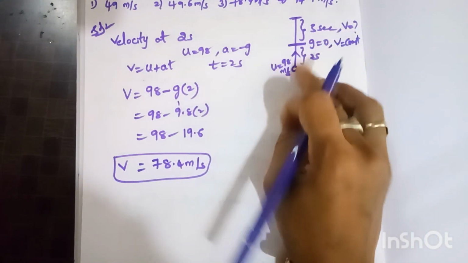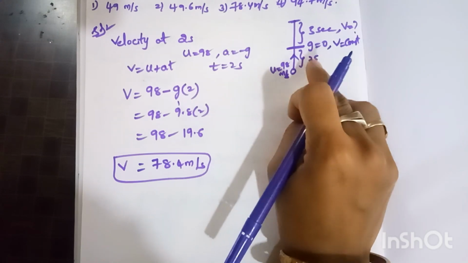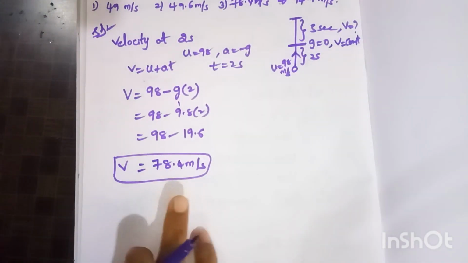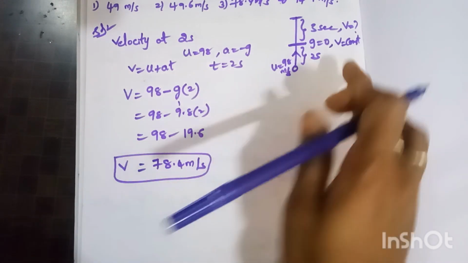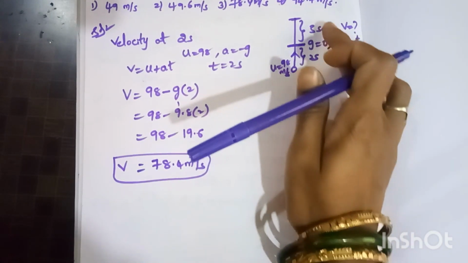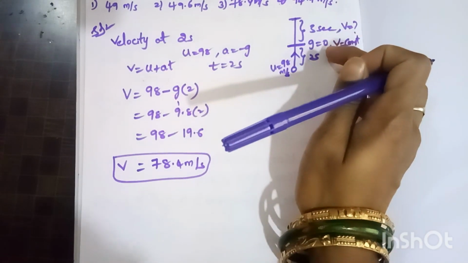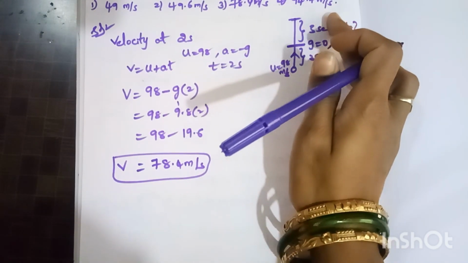So with the velocity after the first 2 seconds, 78.4 meter per second, the object moves towards the maximum height, covering the remaining height.